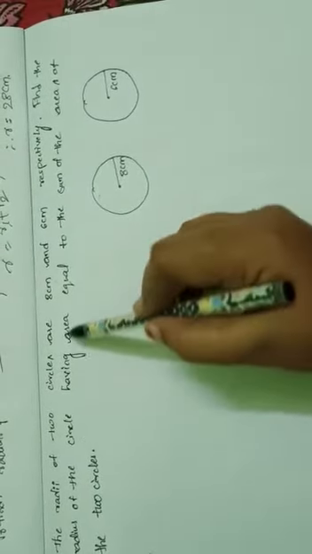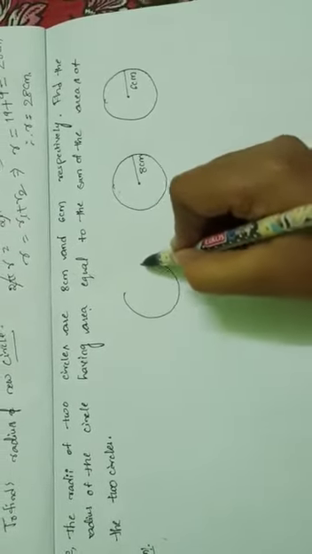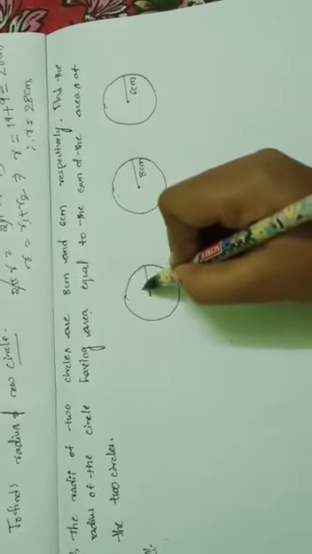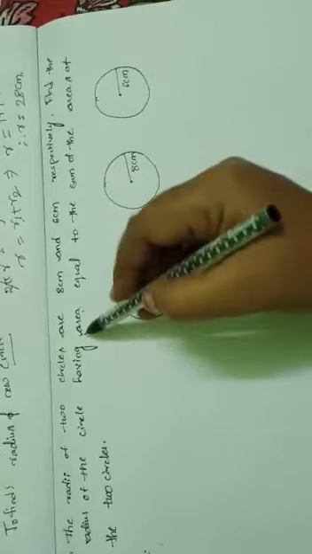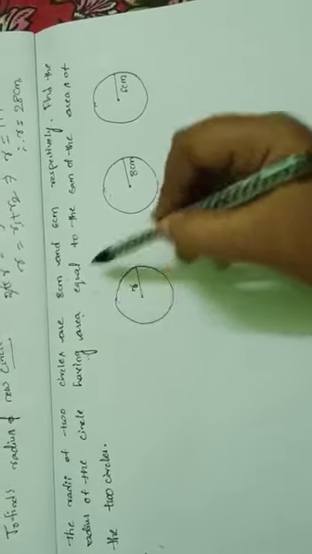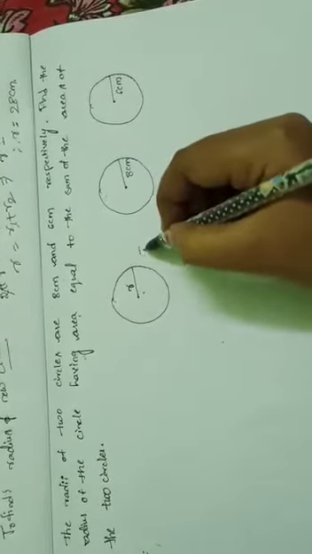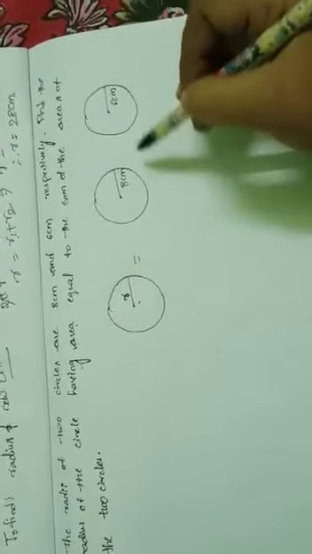One new circle area. This is a new circle with radius, let R. Here given condition is area of new circle is equal to sum of the areas of first two circles.